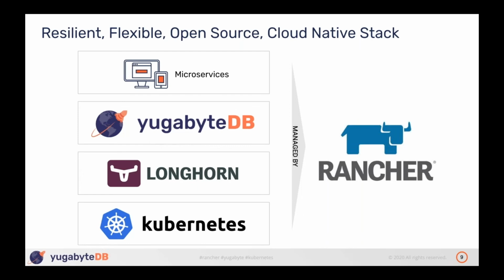And that comes from powering our microservices with the combination of YugabyteDB as the SQL database, Longhorn as the distributed block storage, and Kubernetes as the provider of compute, storage, and network, the underlying IaaS layer, while leaving management of the entire Kubernetes itself and the stateless and stateful apps on top of that to Rancher, right? So this kind of a resilient, flexible, and open source cloud native stack can essentially help us build applications faster.